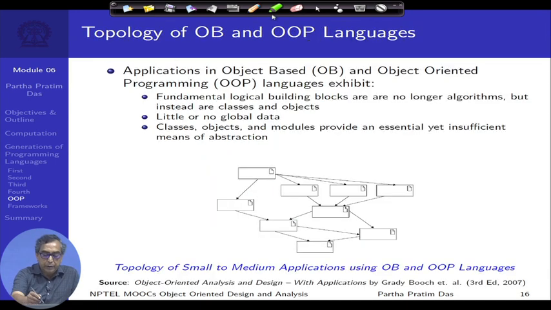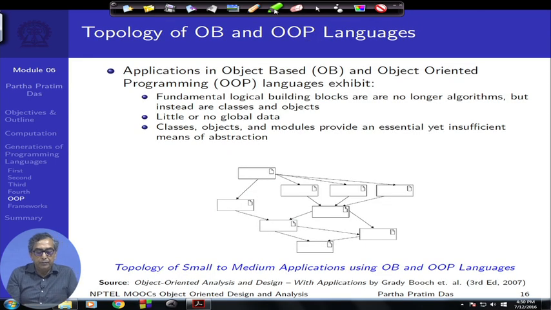Now, if we quickly look into the emergence of the topology in terms of these object based and object oriented programming languages, the distinction between object based and object oriented programming languages is not very high.